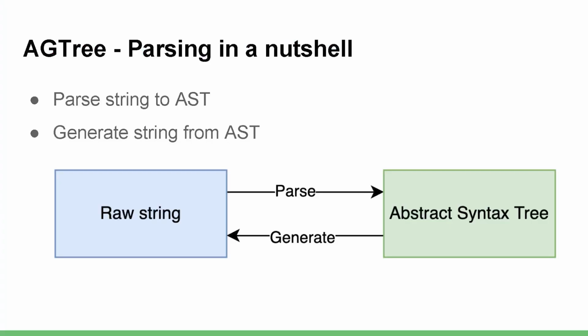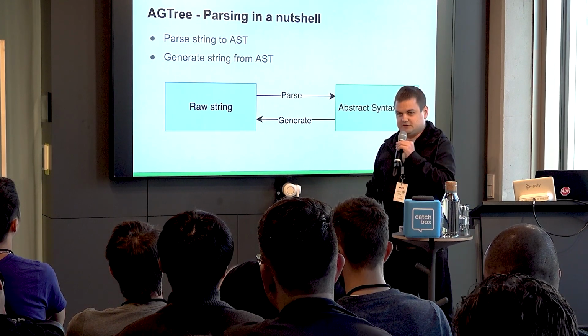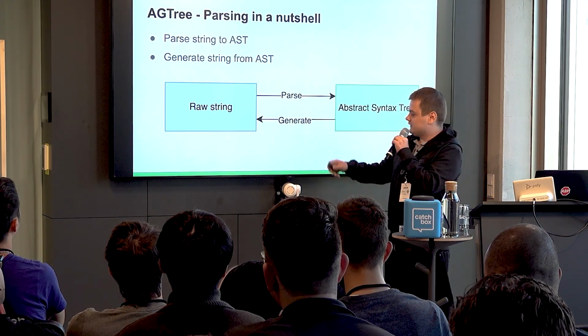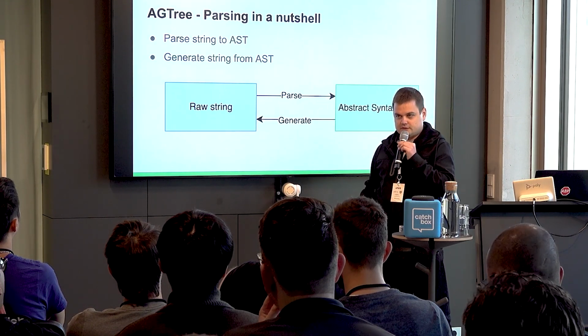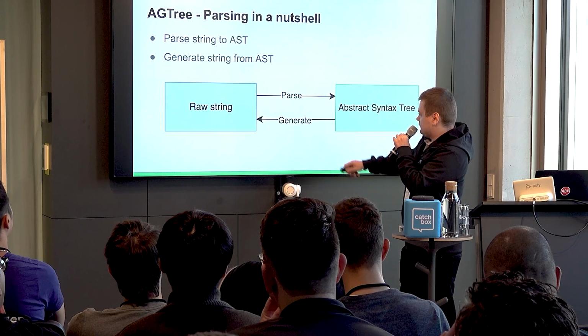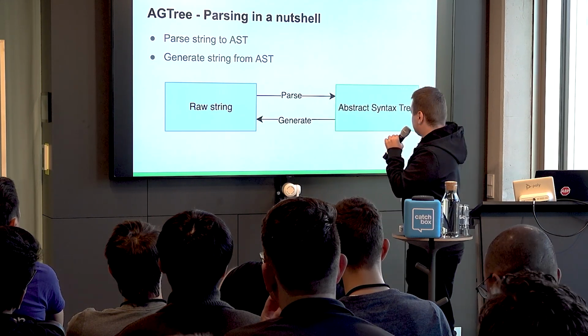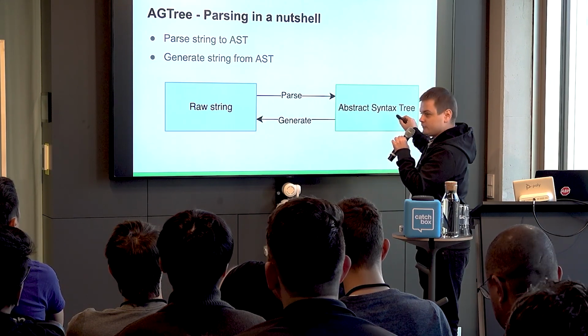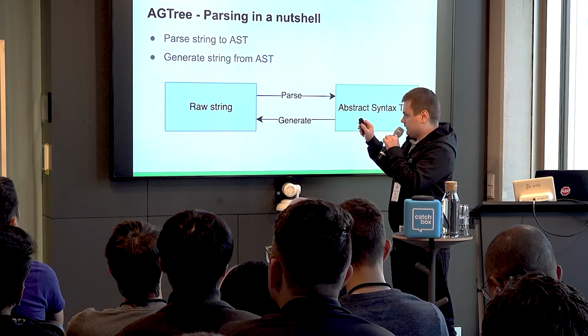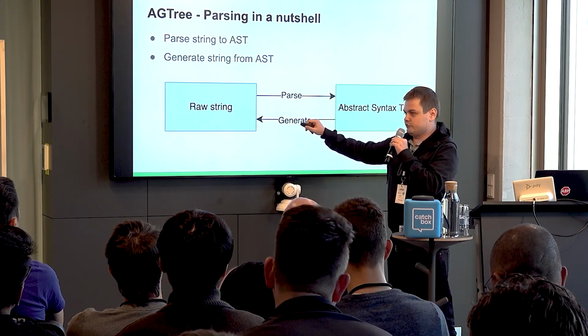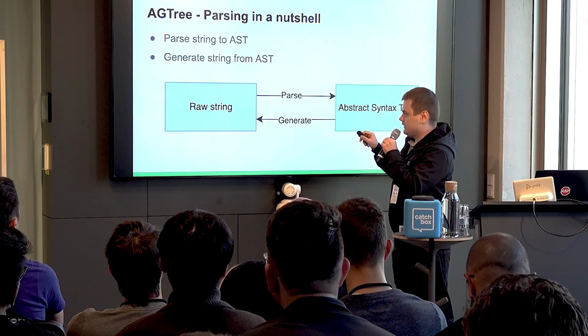As I told you, initially there was parse and generate. For technical people, of course, it's not new: we have some raw string, like a filter list, and we pass it to the parser, and it produces an abstract syntax tree, the so-called AST. On demand, you may want to generate the raw string back from the AST.